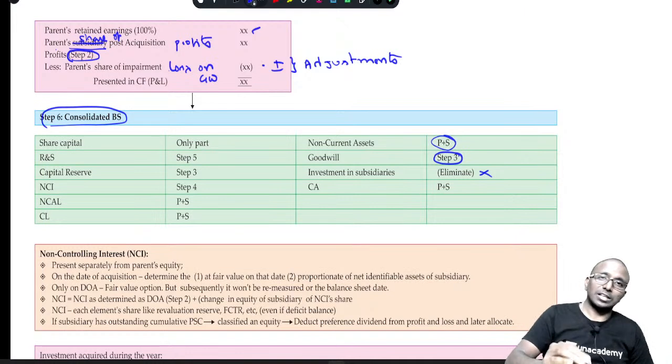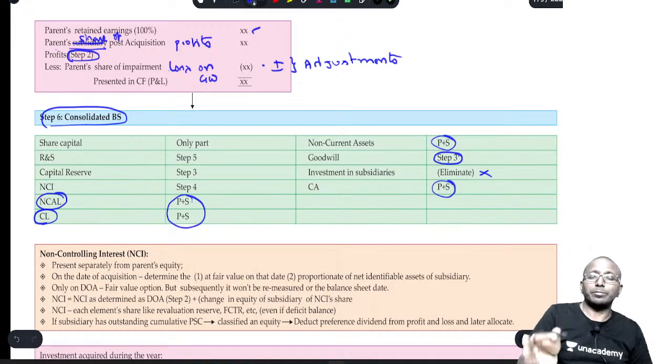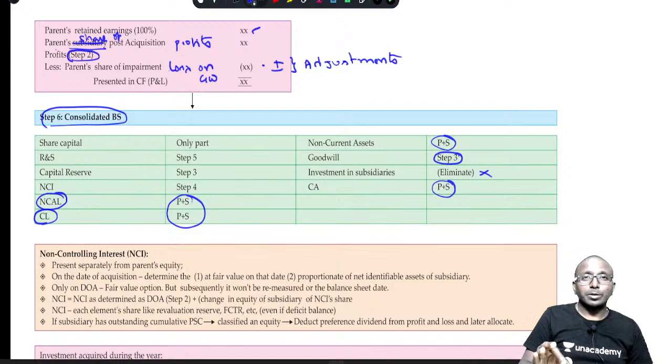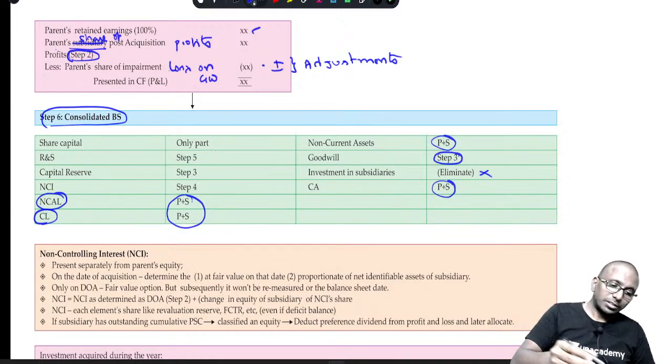All the assets and liabilities of parent plus subsidiary will be taken. For non-current and current liabilities, parent company number plus subsidiary company number, minus any intercompany balances, which will be eliminated. Other than that, everything will be perfect.